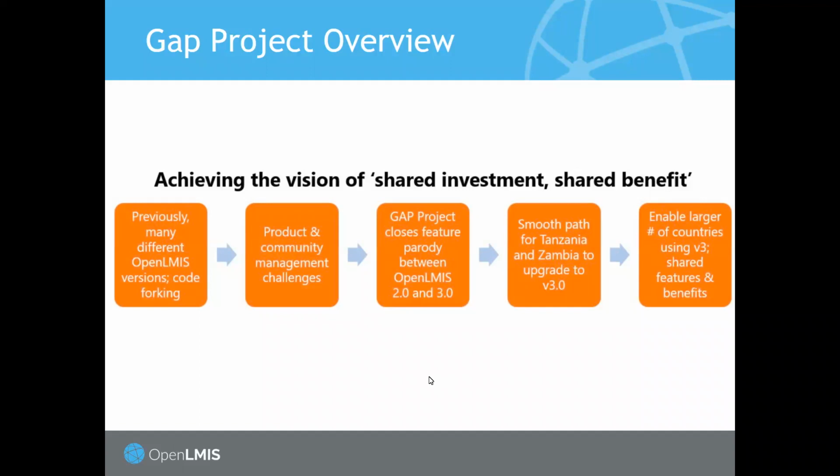And so they were instrumental in figuring out what were the gaps that we needed to fill in version 3. And like I said, the whole focus of this was to get that shared investment and shared benefit of the overall code base, so that everybody could be using the same code base and benefit from the updates that are done.